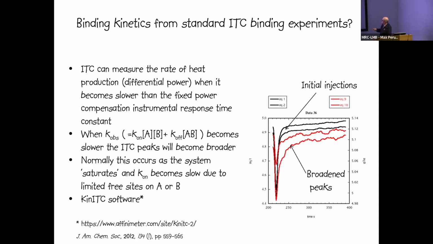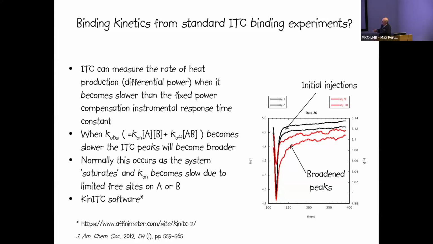When the kinetics of the heat release coming from the biology is slower than that process, then we start to see kinetics. And you commonly see this in a typical titration, that the injections near the end of the titration are broadened. And this is because the amount of free target in the cell is reduced as you continue to produce more and more of the complex.